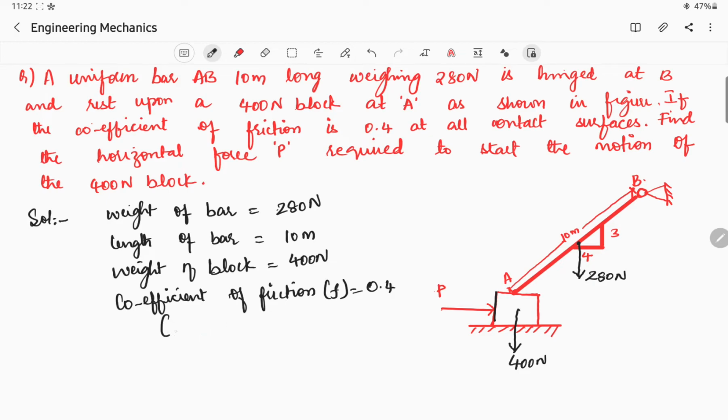Coefficient of friction is 0.4 at all contact surfaces. Fine. So coefficient of friction is given to us.